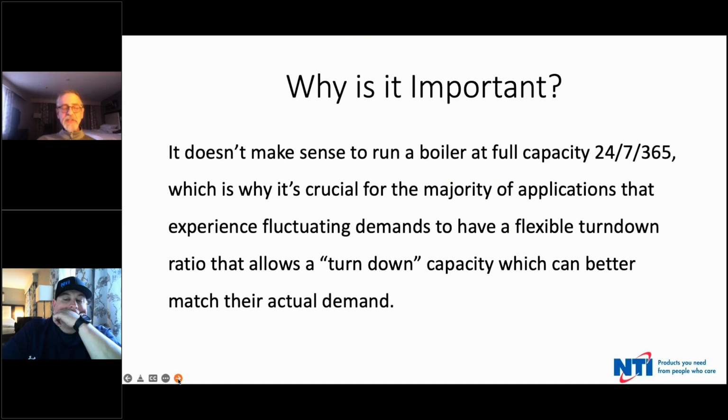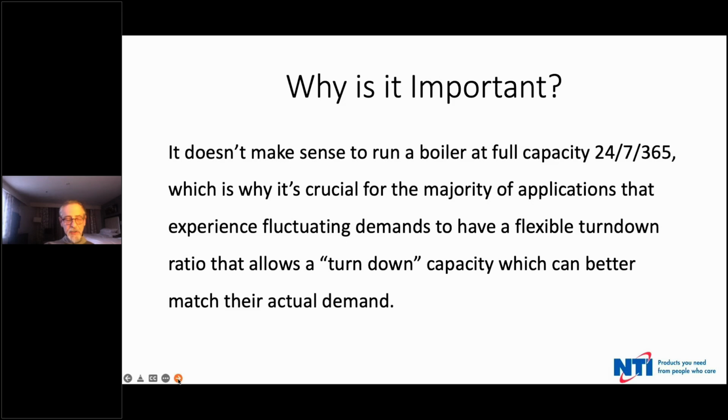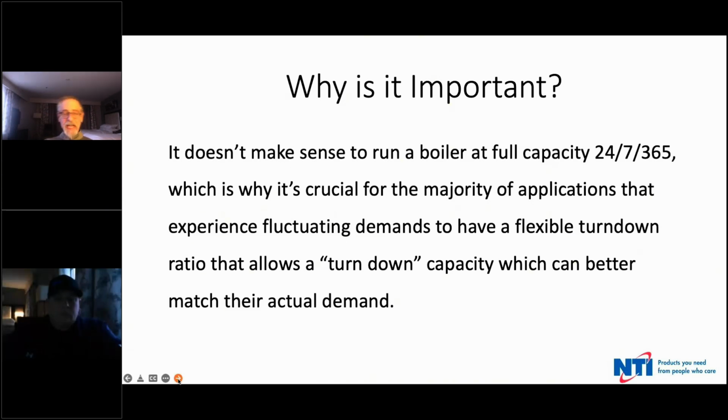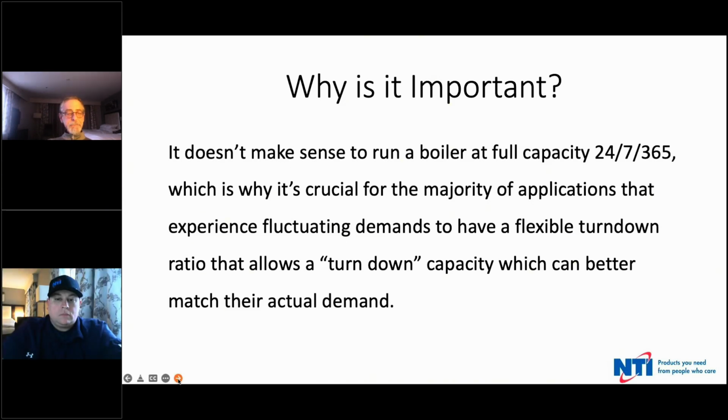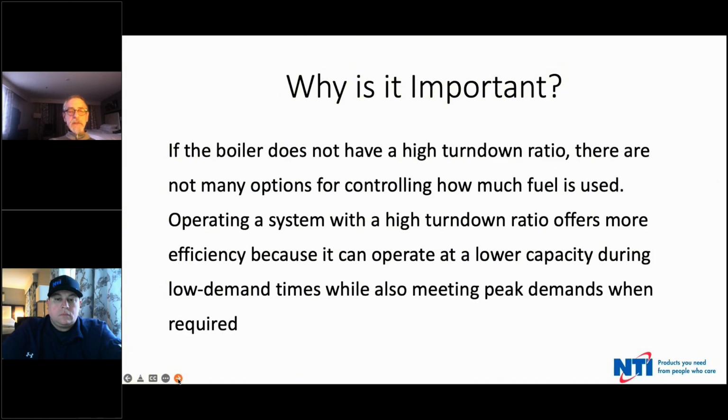Different components have a different duty cycle built into them. But the fact of the matter is, the more often you cycle it on and off, the quicker you get to its duty cycle life. I just bring that up because cycling is really important. And the other thing is turn down can also be a hindrance on small systems.